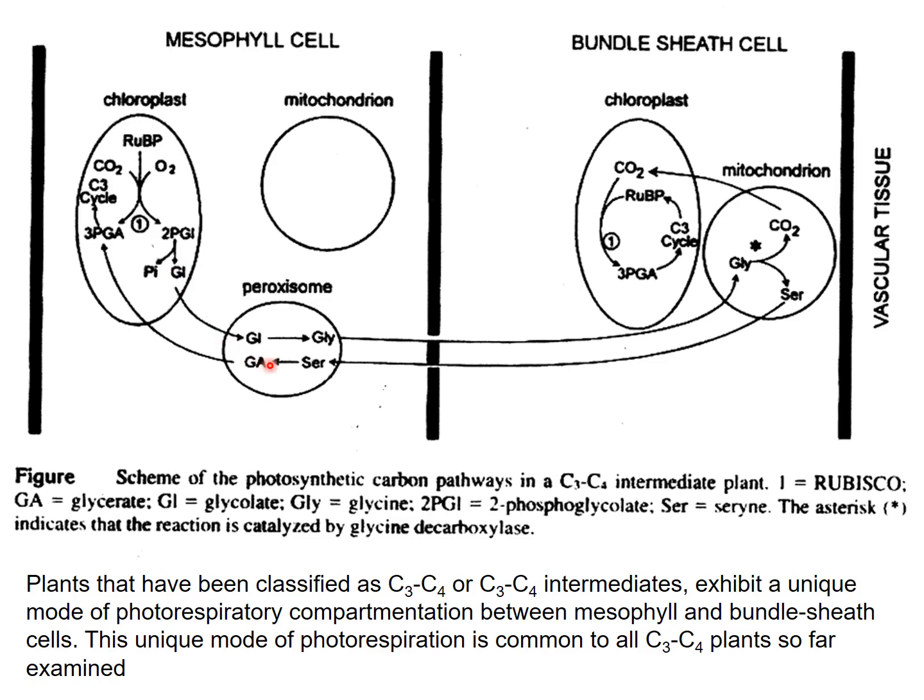Glycine is represented here by GLY, and serine is represented by SER, and the asterisk mark indicates the presence of the glycine decarboxylase enzyme, which catalyzes the conversion of glycine into serine with the release of one carbon dioxide molecule. This carbon dioxide molecule will be efficiently utilized by the chloroplast adjacent to the mitochondria in the bundle sheath cells. Hence, this carbon dioxide is not liberated to the environment, rather it is used efficiently by the bundle sheath cells.